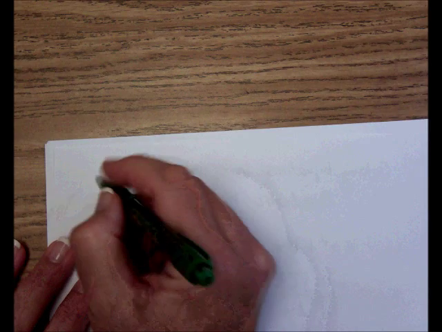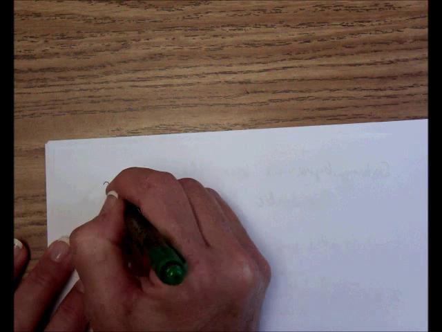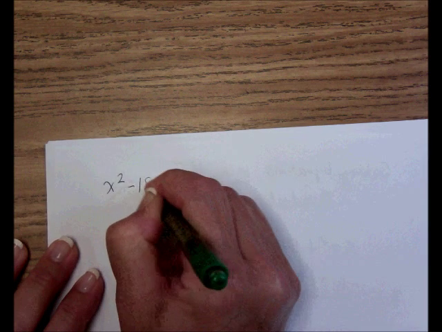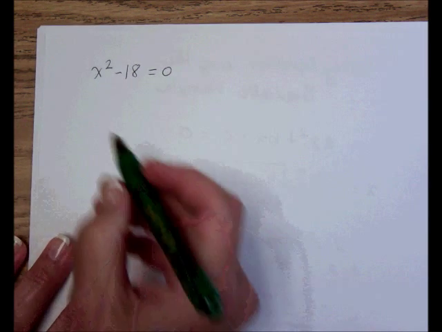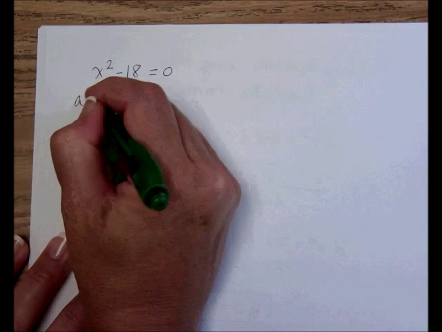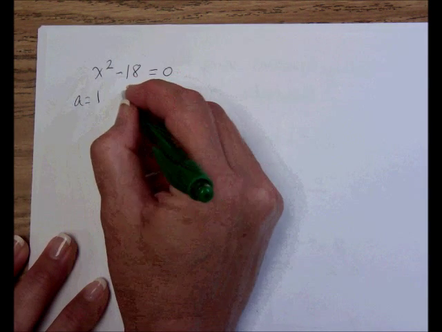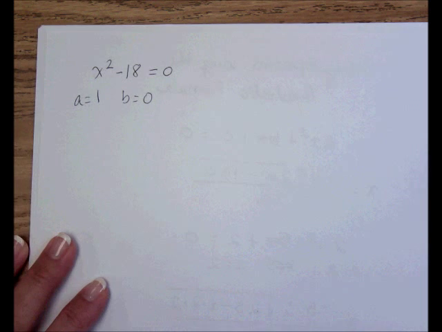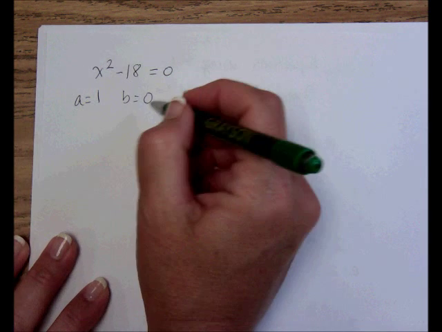Now there's another type of equation that you will sometimes see, and this is the equation x squared minus 18 is equal to 0. In this case, my a is equal to 1. My b is equal to 0 because there's no bx, so 0 times x is nothing, or 0.